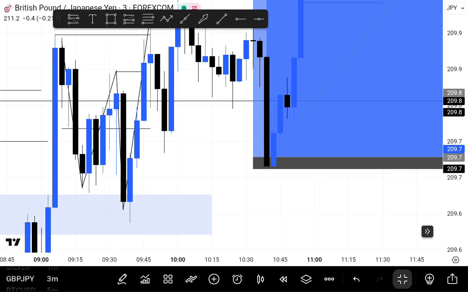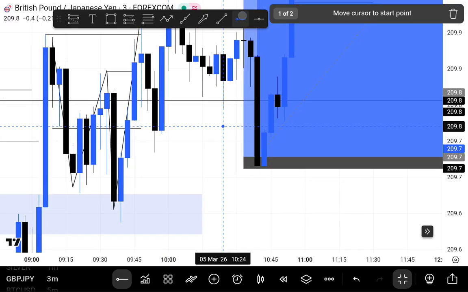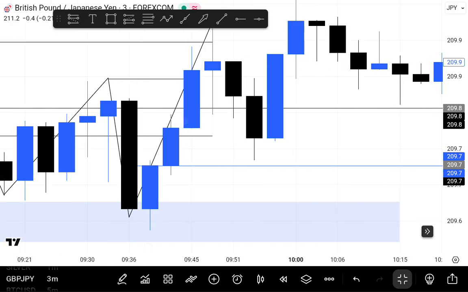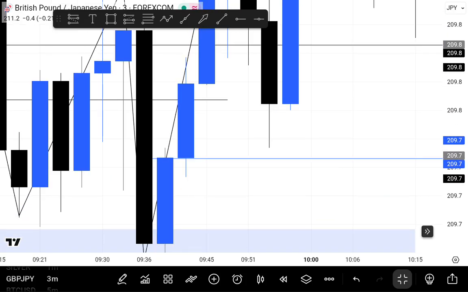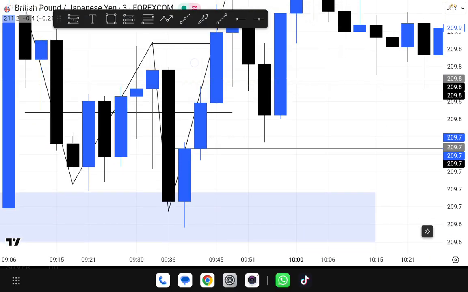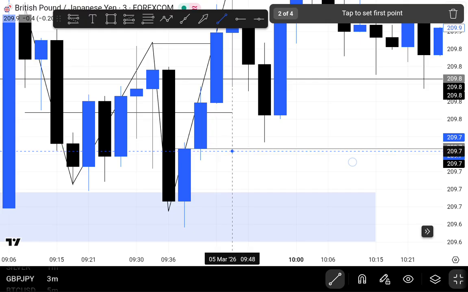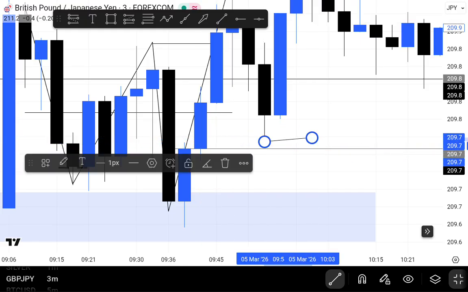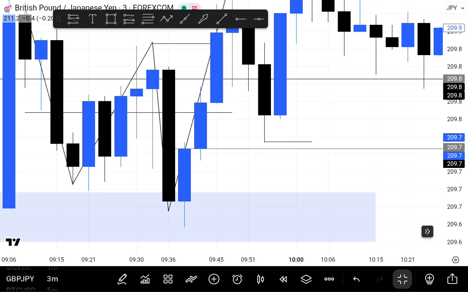So where's my entry model? This is my entry model, the OB. That's my OB. Here's my liquidity. My OB was now also mitigated. There's my stop loss.